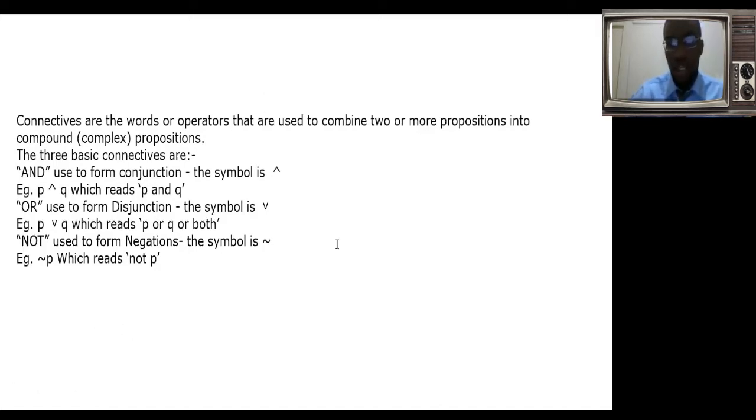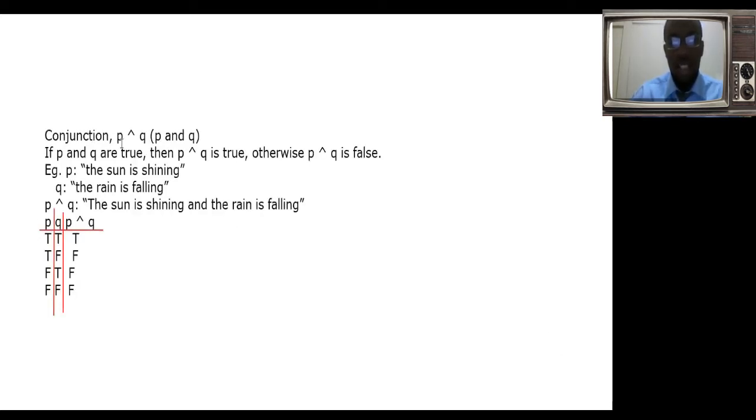So let's have a more detailed look at and. The conjunction and, which is P and Q. If P and Q are true, then P and Q is true. Otherwise, P and Q is false. Think about it. So here's an example. It says P is the sun is shining and Q is the rain is falling.